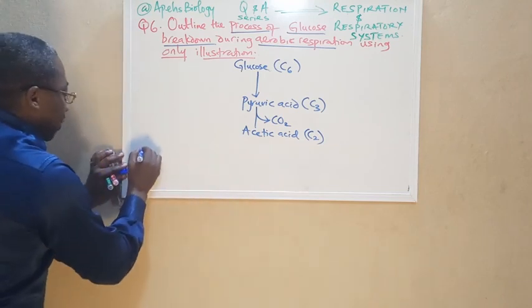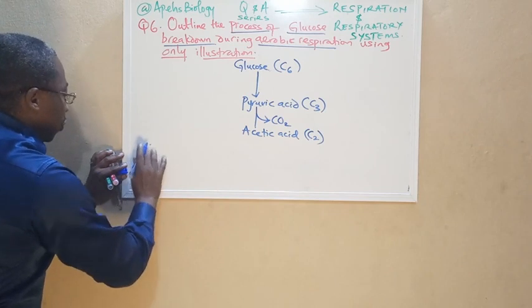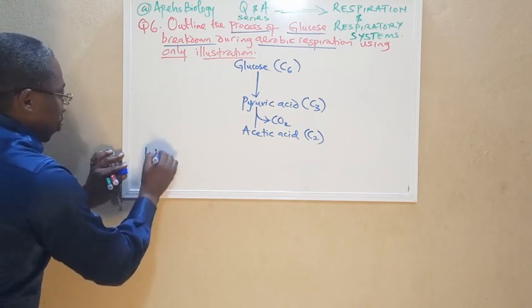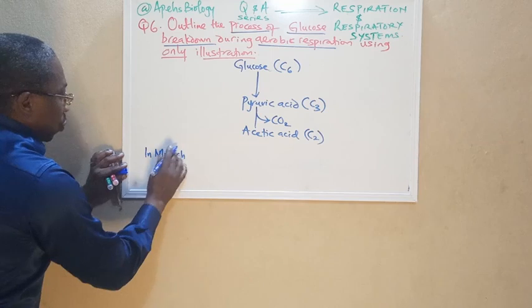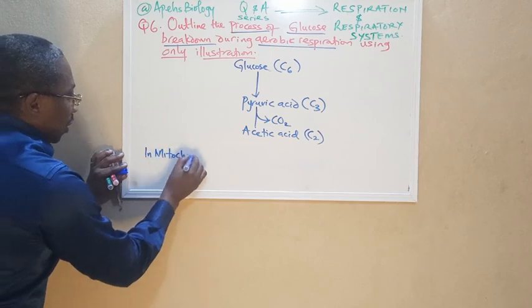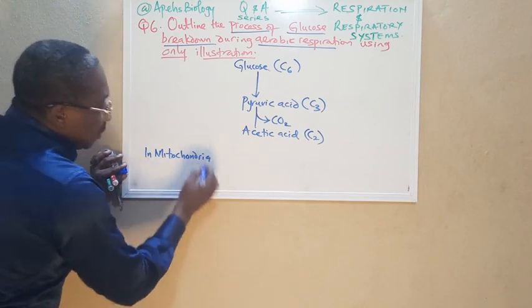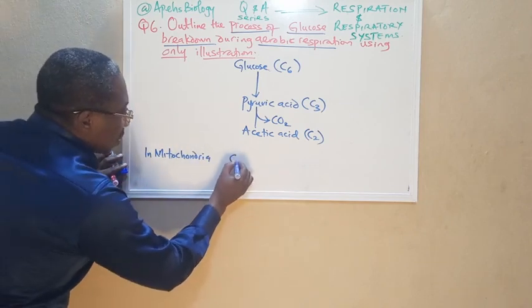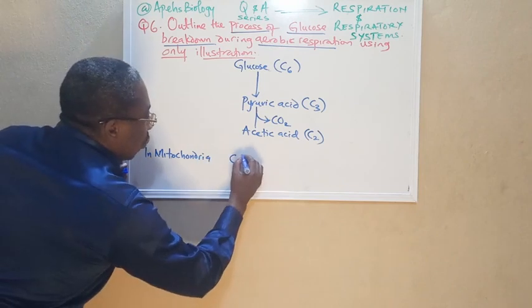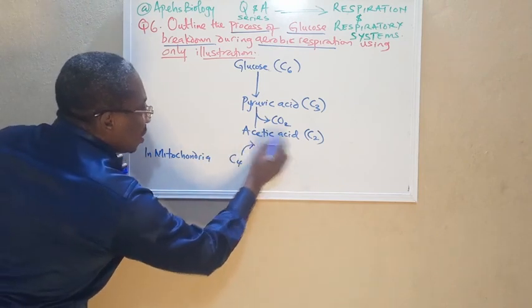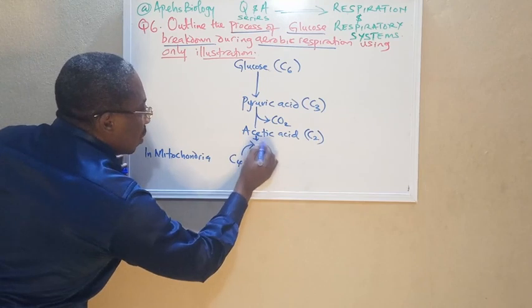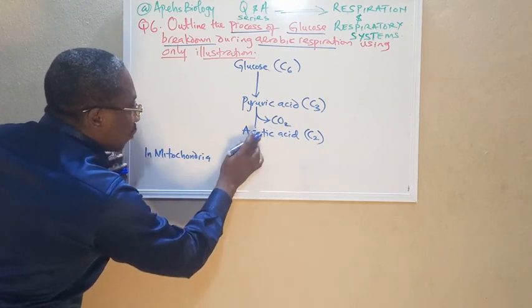So I'll now say here in mitochondria, right? Now this mitochondria will have a compound called C4 that is coming to join this C2. This C2 will come and join the C4 here.